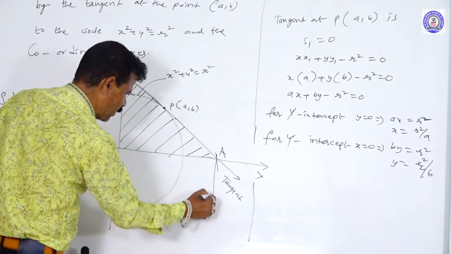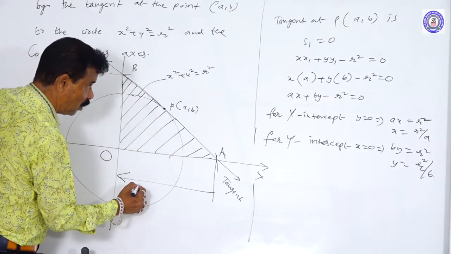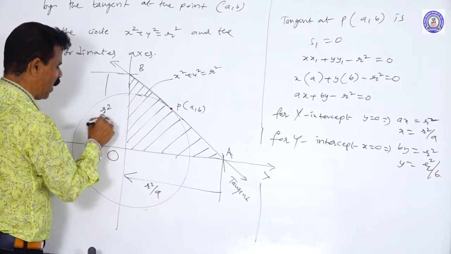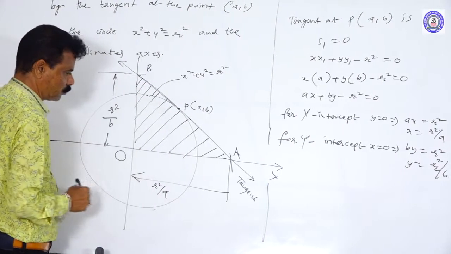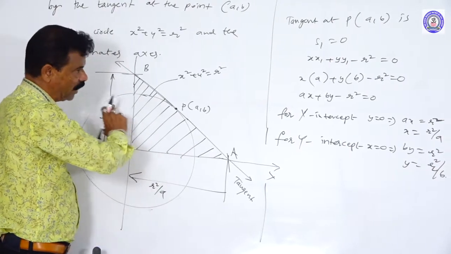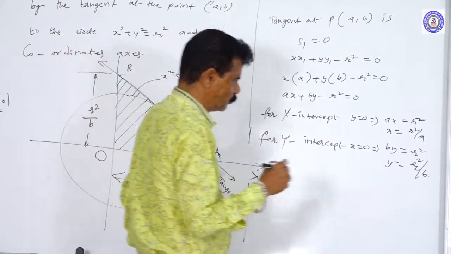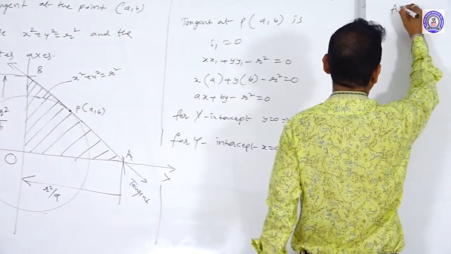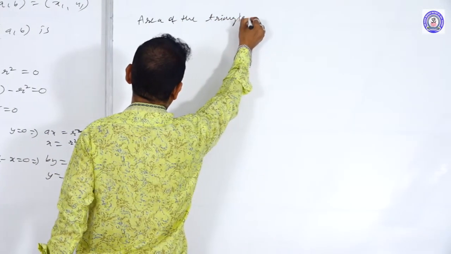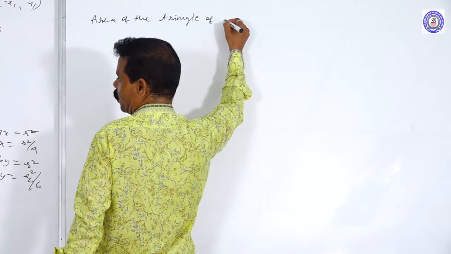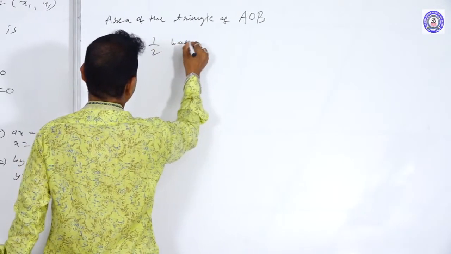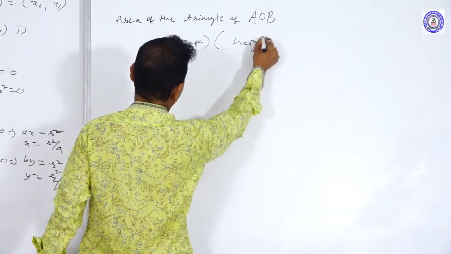So this x intercept, this length is r square by a. This height is r square by b. So area of the triangle is equal to half into base into height. Area of the triangle AOB is equal to half into base into height.